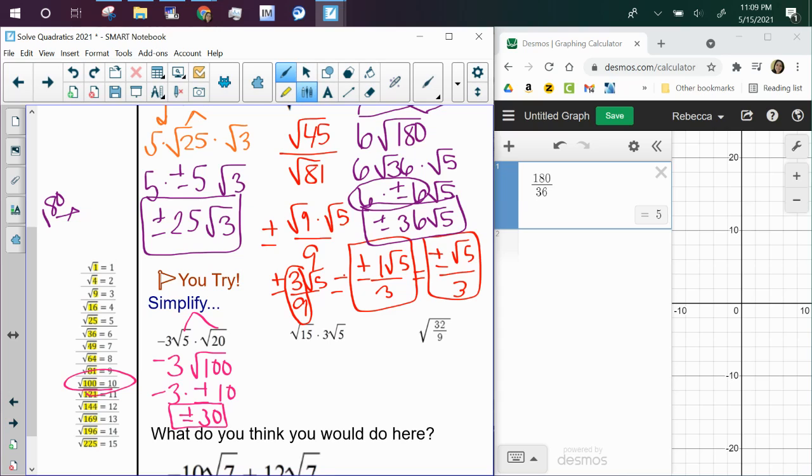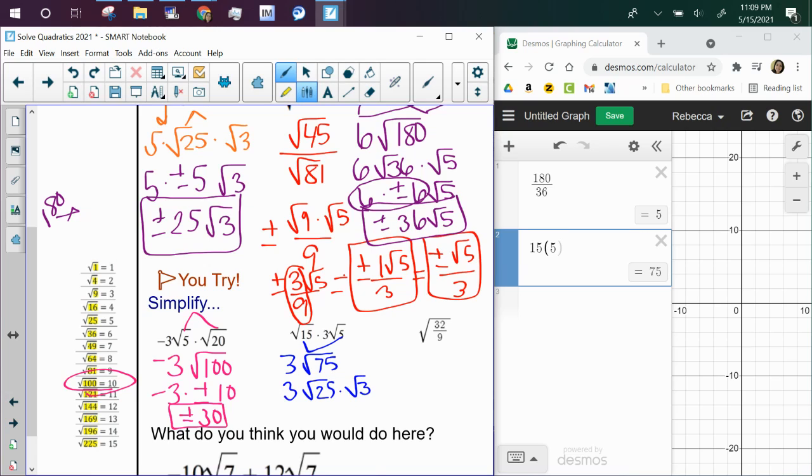Next up, I've got another radical that I can combine just by itself. So I've got 15 and 5. And McDonald's not so great at multiplication in her head. That's 75. Okay, so I've got 3 square root of 75. And hey, we just did 75. So I know 75 breaks up into square root of 25 times square root of 3.